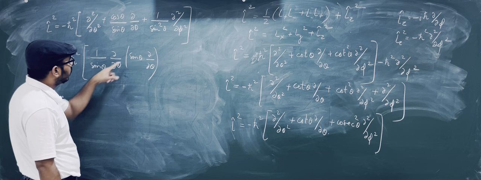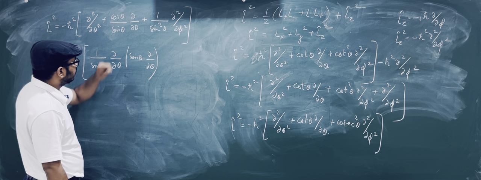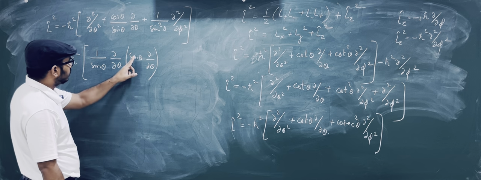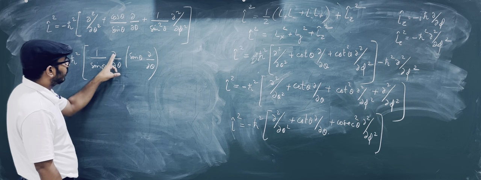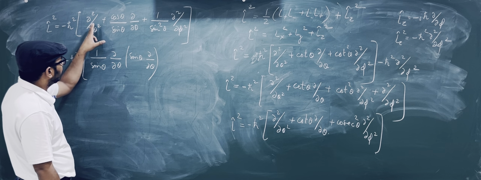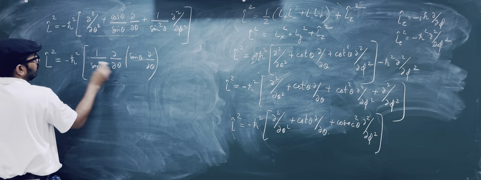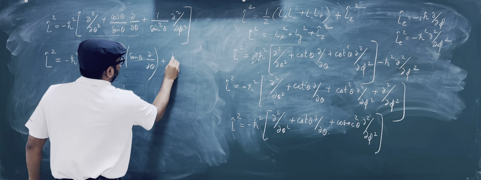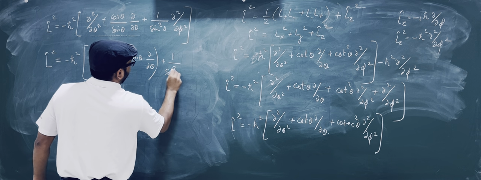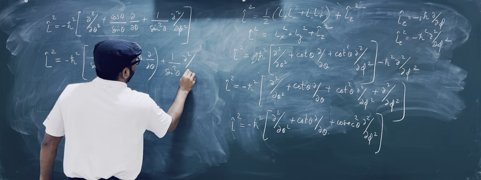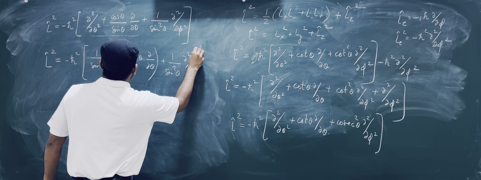So cos by sine is cot theta del over del theta, these terms. Then this goes to this, sine will be cancelled out, and it's del 2 over del theta square. So this term is equivalent to these two terms, right? And plus 1 by sine square theta del 2 over del phi square.